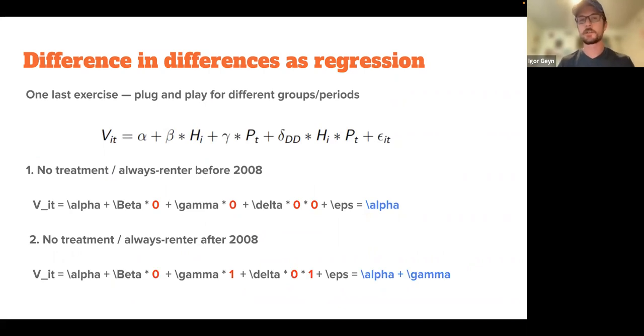Okay. And so I guess the first thing is, what did we do? What we did is we went through and constructed the four different group and period possibilities that we have. So home buyers versus always renters, or sorry, homeowners versus renters, and year.